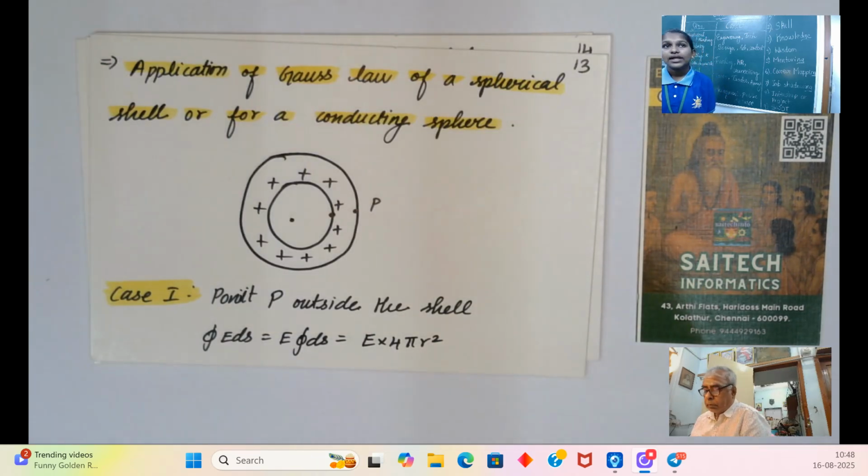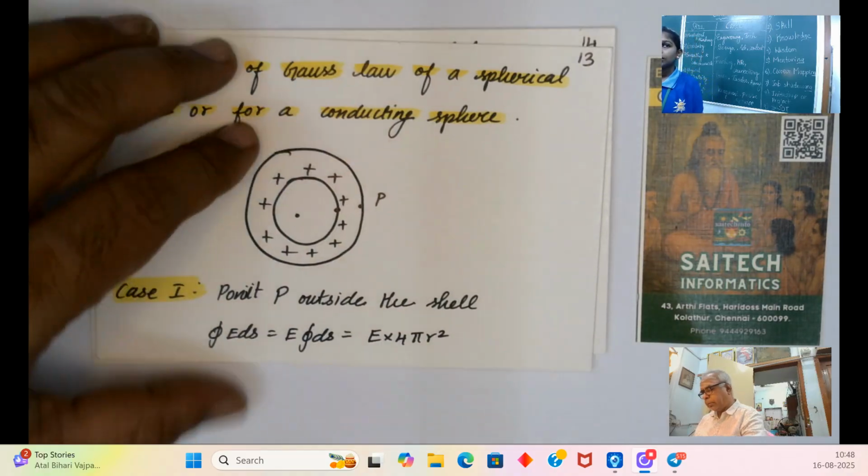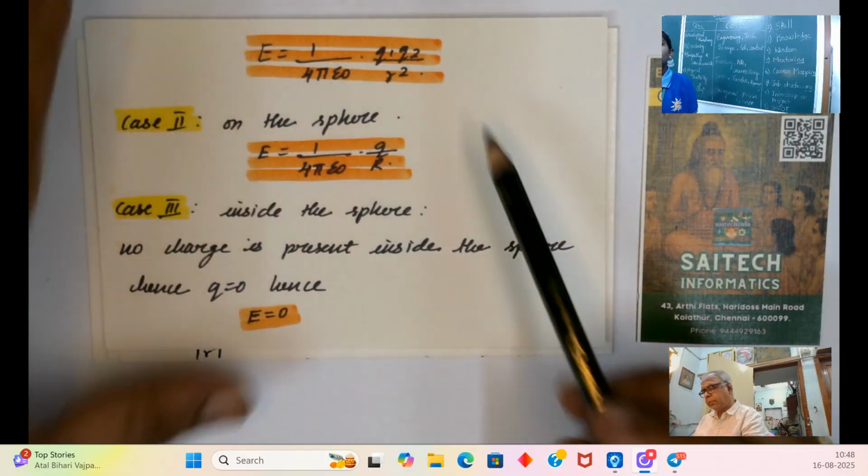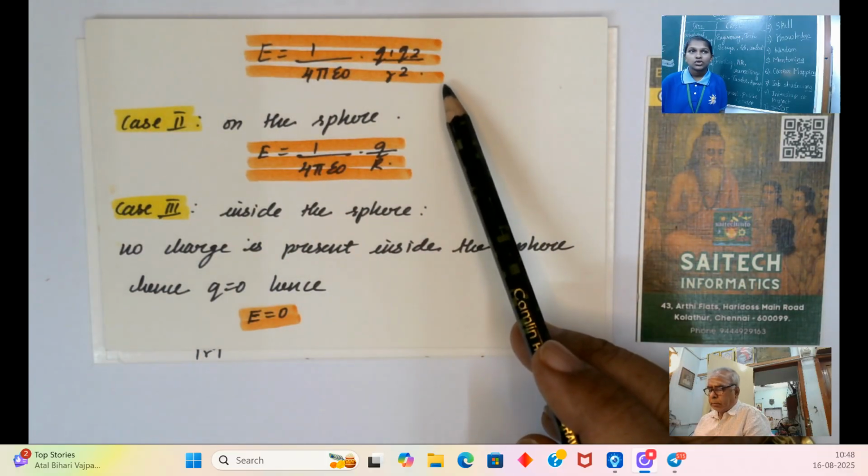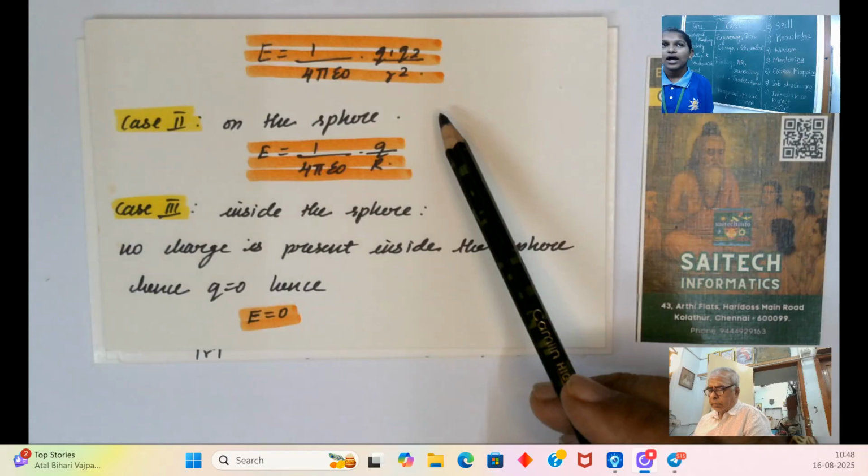And now the application of Gauss law for a spherical shell or a conducting sphere: we have three cases. Case one is point P outside the shell. When there is a point P outside the shell, the formula can be expressed as E is equal to 1 by 4 pi epsilon naught into Q by R square.